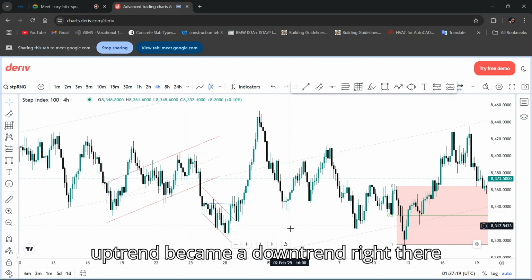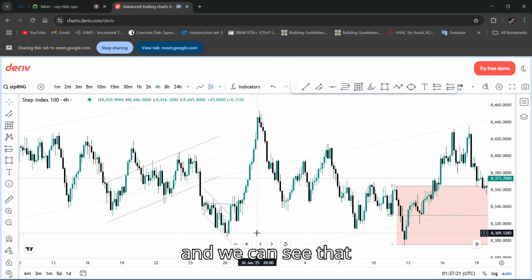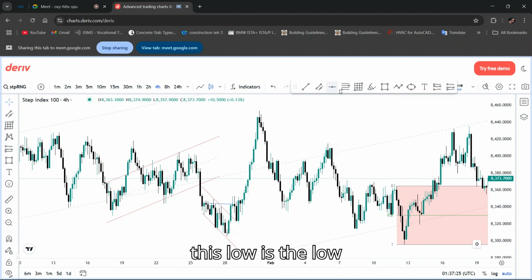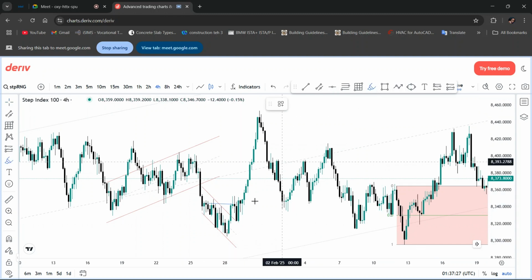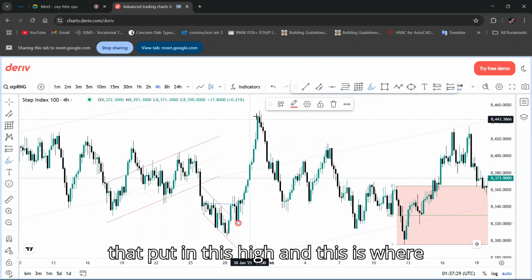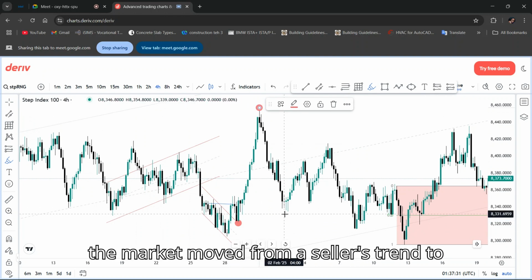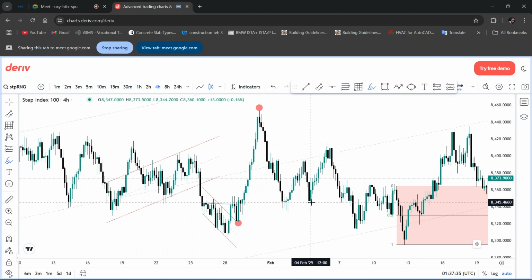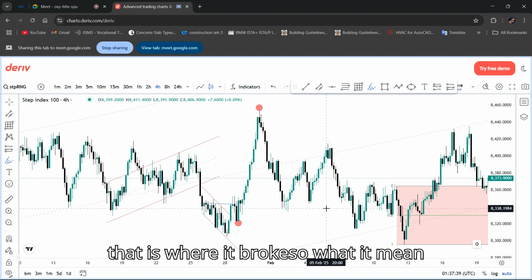Uptrend became a downtrend right there, and we can see that this low is the low that put in this high, and this is where the market moved from a seller's trend to a buyer's trend. That is where it broke.